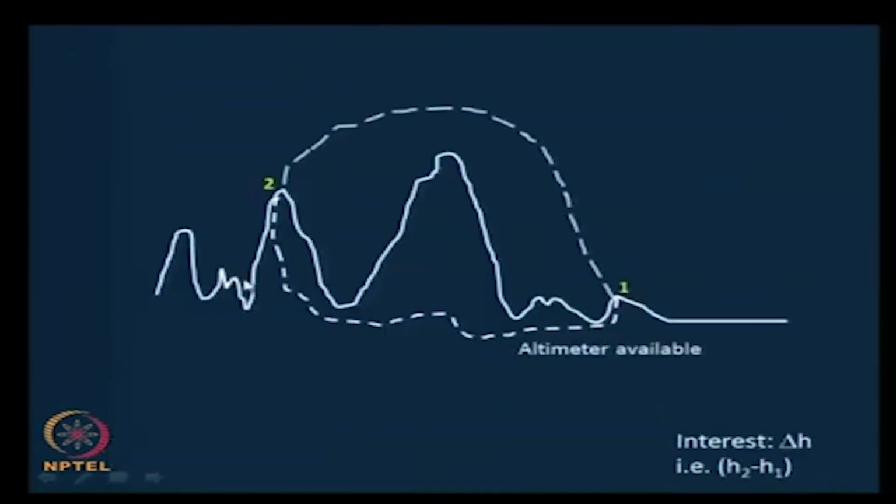And we had used this nice example of being interested in the difference in heights between points 1 and 2. We said that there could be some paths through which it would be easier to measure the heights as we go along. Therefore, we can choose that path, and for example, probably only on this path an altimeter is available, to measure heights. Therefore, we could measure height here, and height here, and therefore we could get h1 minus h2 or h2 minus h1.